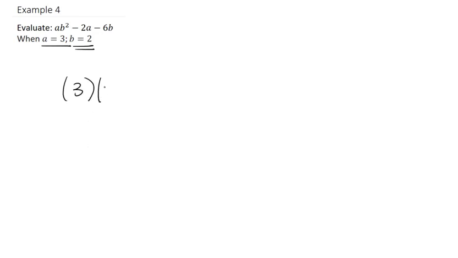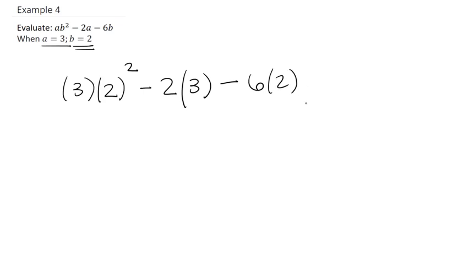Then we have b squared, so we write 2 squared, minus 2a. A is just 3, so put that in parentheses, minus 6b, and b is equal to 2. Now we have it all written out with our numbers in for the variables.